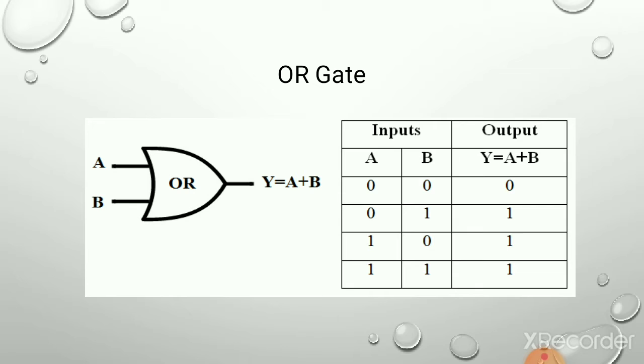If any one or both the inputs are high, then the output Y is high. Its Boolean expression for the two input OR gate is Y = A + B. This is the OR gate.